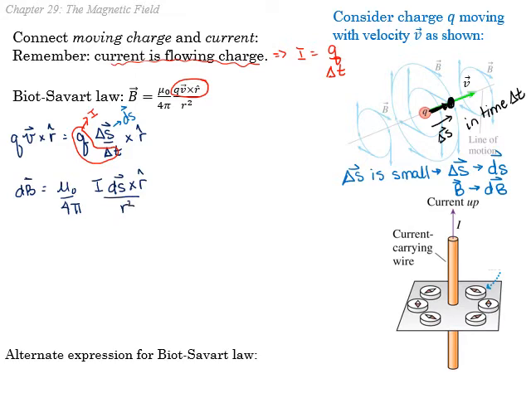So since our charge is only moving a small distance, it means we don't have to restrict ourselves to straight line motion. So we can have any sort of a wire in any sort of a curvy shape. And the charge moves over a little bit of a path over a small distance. And that small distance is called ds. ds is the small bit of the path or a small bit of wire.